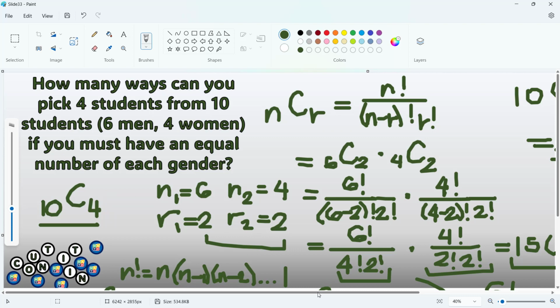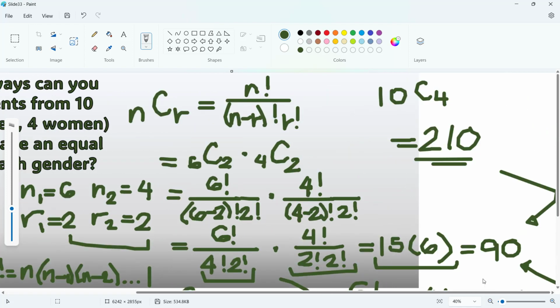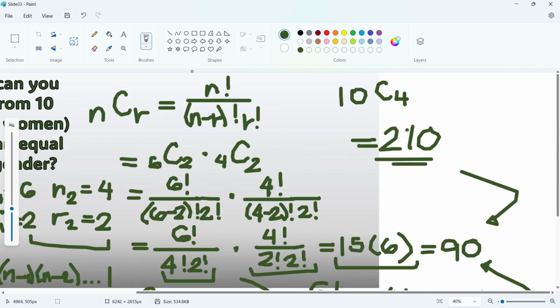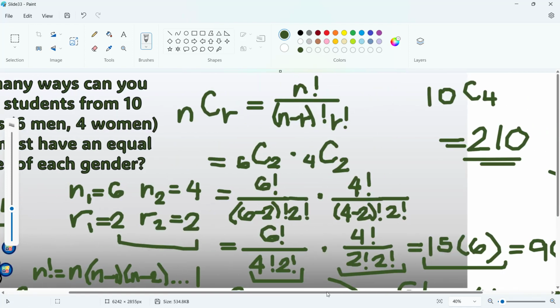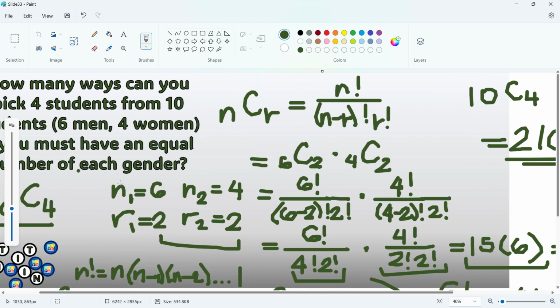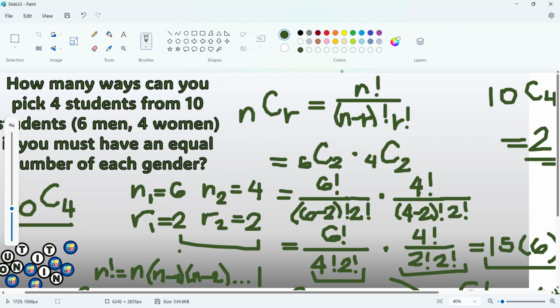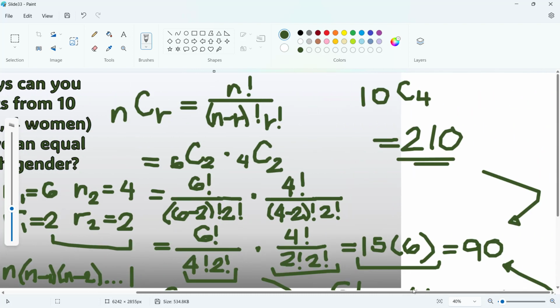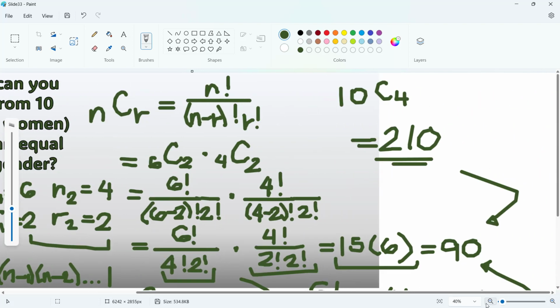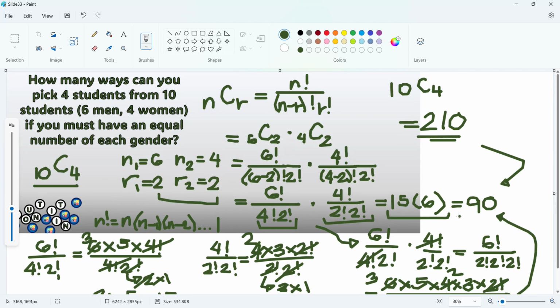That is why there are 210, and that is not the answer to this item, because in our item, it is specified that the number of each gender should have an equal distribution on 4, in short, 2 and 2. So just to specify this, the answer to this item is actually 90, not 210, using these 2 processes by product of different combinations.